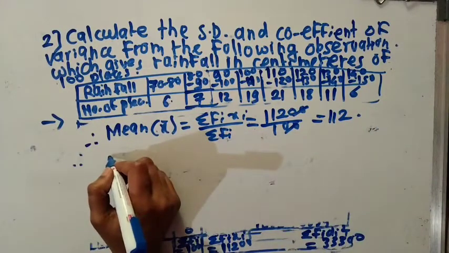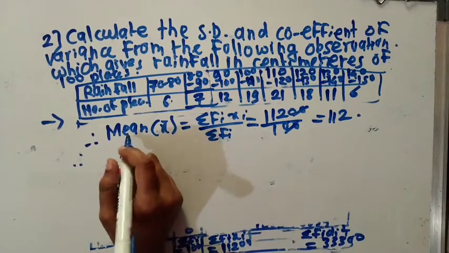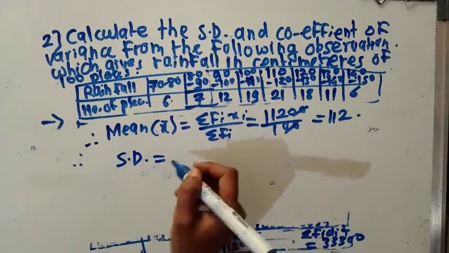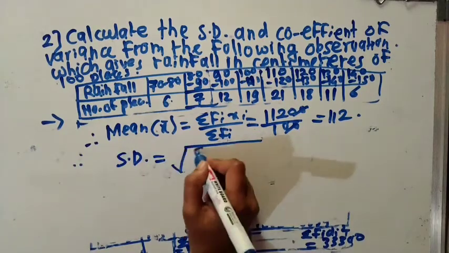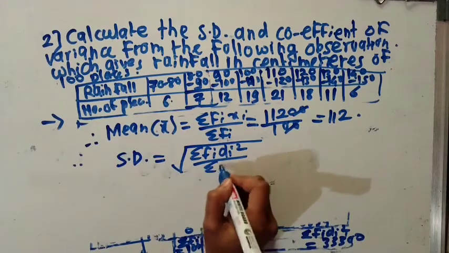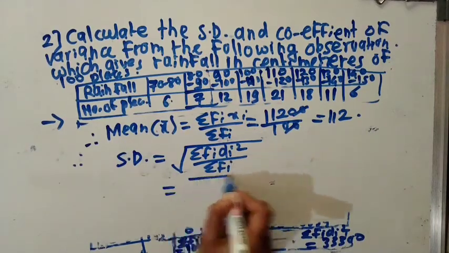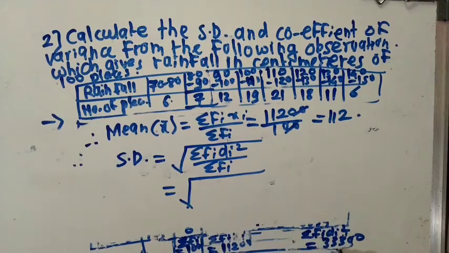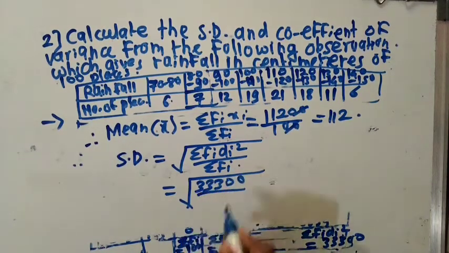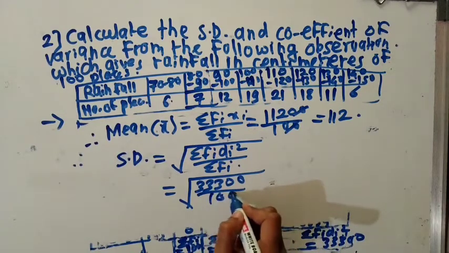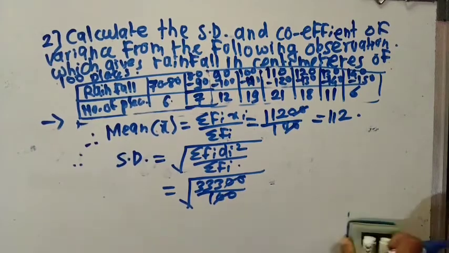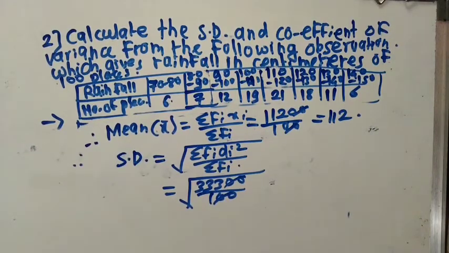Hence then find out the standard deviation, equal to root of summation of fi di square upon summation of fi. The summation of fi di square is 33300 and summation of fi is 100, so 333.